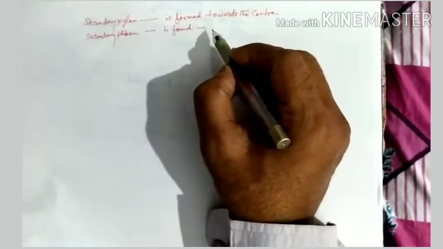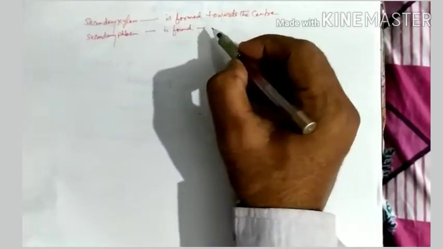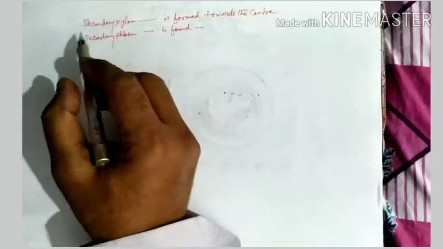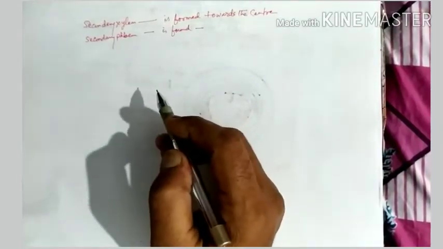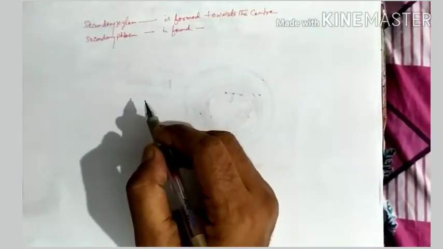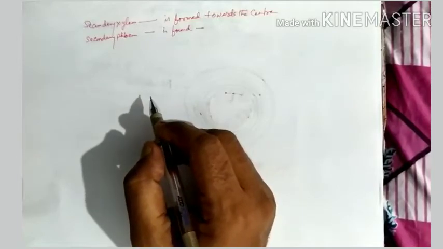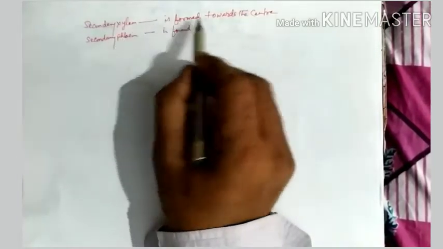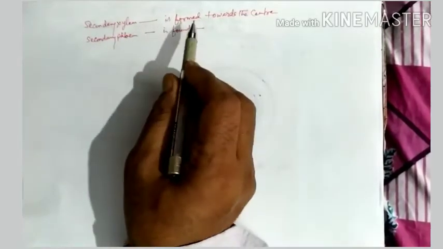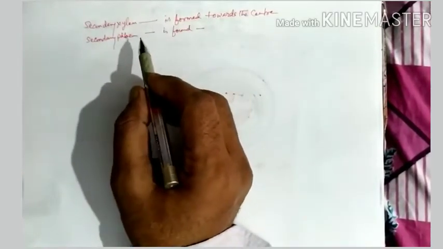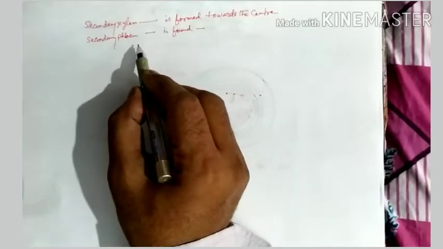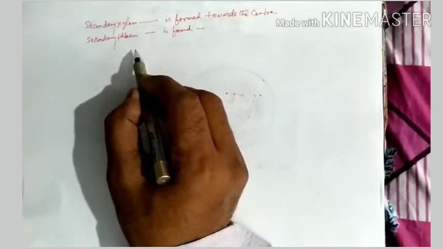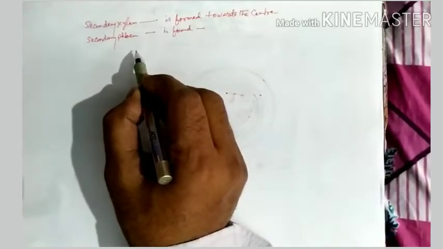So these newly cut cells are called secondary tissues. The function of the secondary xylem is actually to give mechanical strength to the plant.